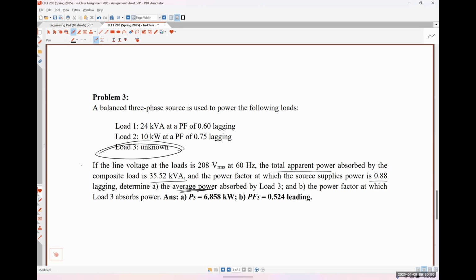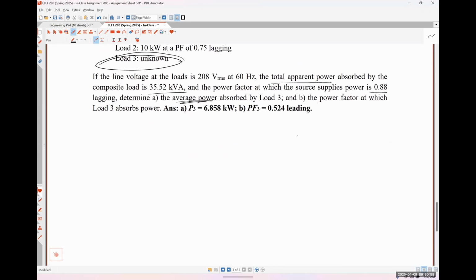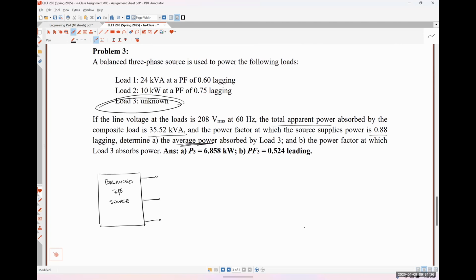Okay. So, I'll draw a little picture here. We've got our voltage source over here on the left. Unless I'm missing something, I didn't see any mention of any transmission line impedance that we needed to deal with.